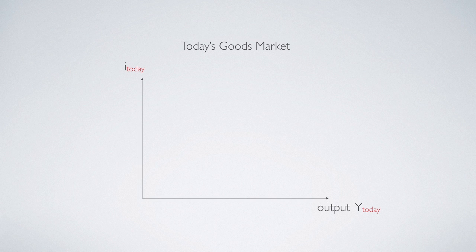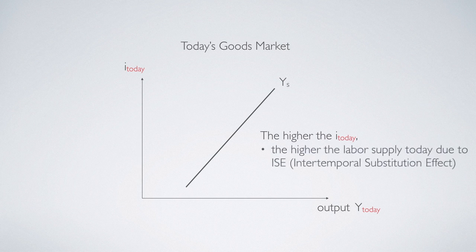And now we can move on to derive the supply curve for today's final output. Basically, it would be a positive slope line against today's interest rate. We know that if today's interest rate is higher, it would induce a higher labor supply. This is because of the intertemporal substitution effect as well.